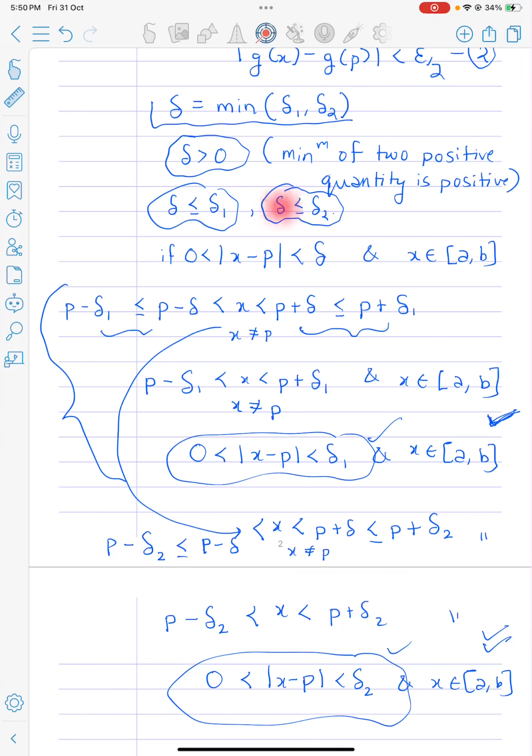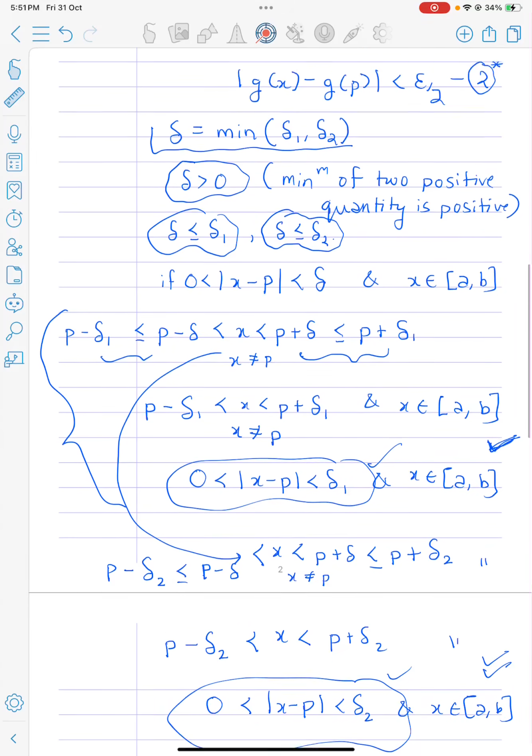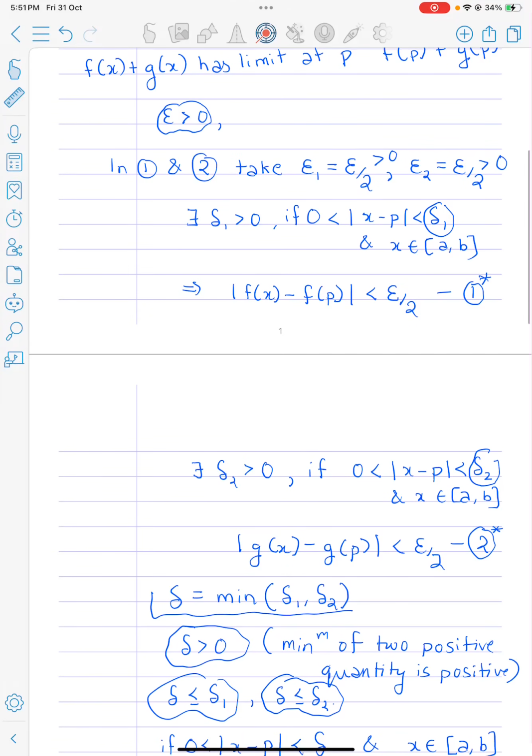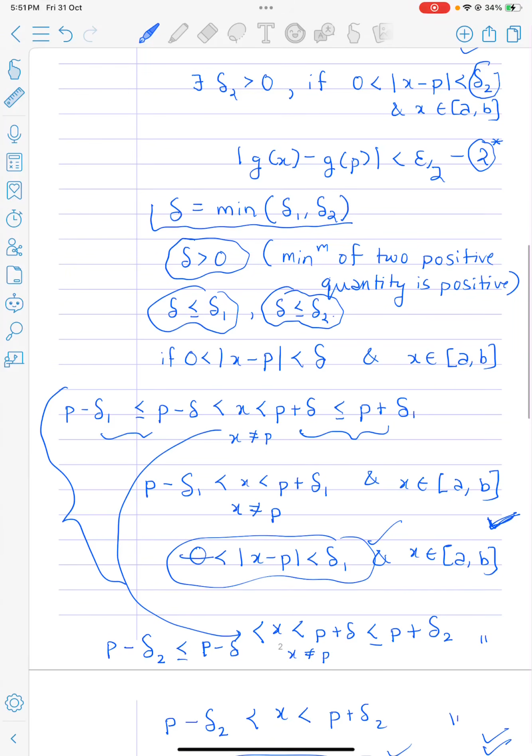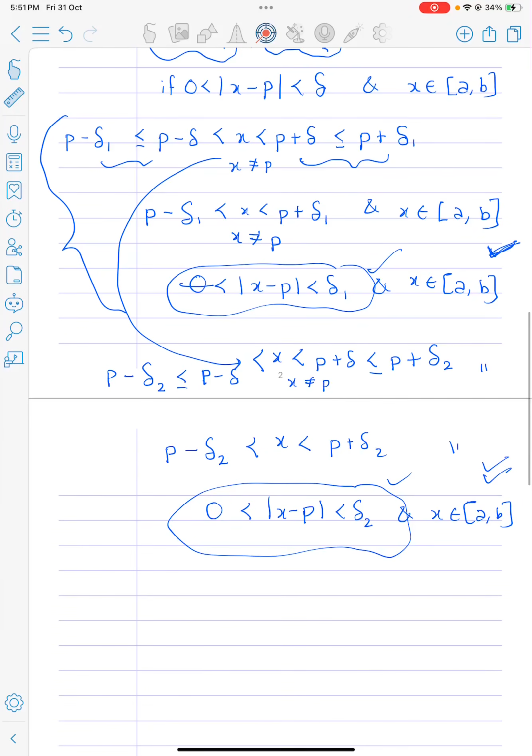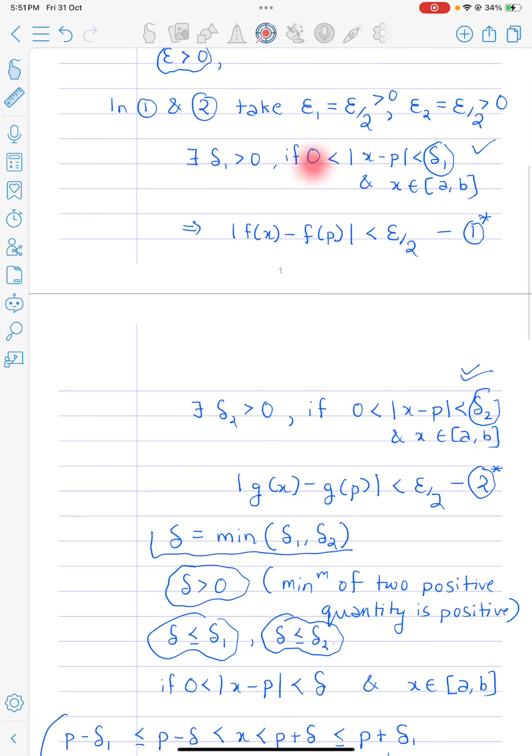Then because of this and this, and by calculation, I have shown that this one holds true and this one also holds true. Now we know that because of tick and double tick, this one I showed you, right? This and this, so this one and this one hold true.